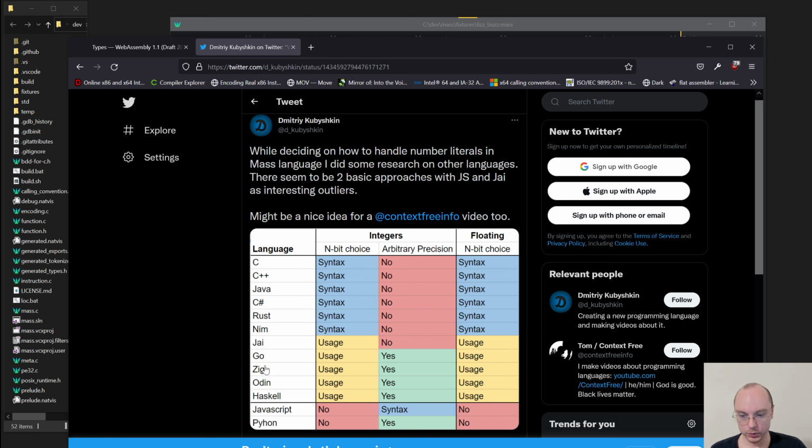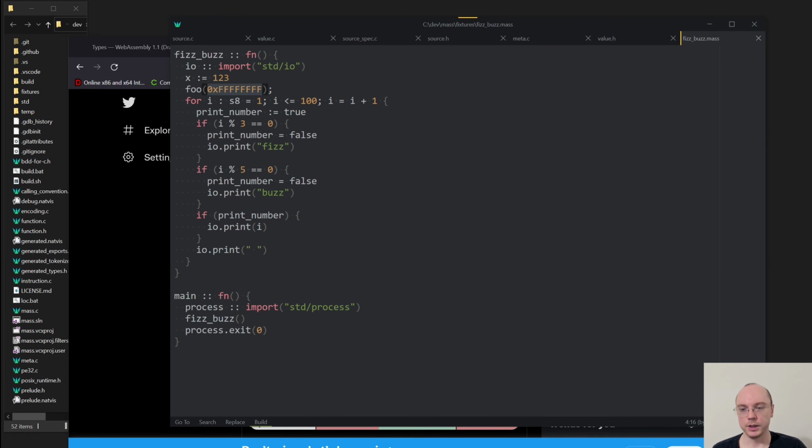Now, Go and Zig don't really have function overloading, so that's a bit of a non-concern for them in a sense, and Haskell as well. Odin has limited overloading, and Jai I can't really play much with it, but from what I can tell, it has some rules about casting, and I think it will still consider it a 64-bit number by default.